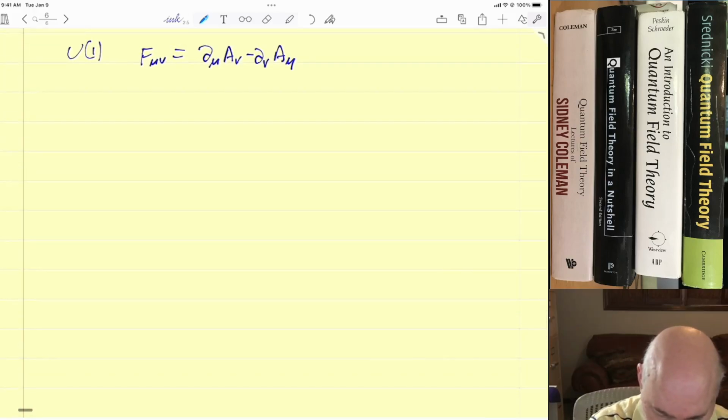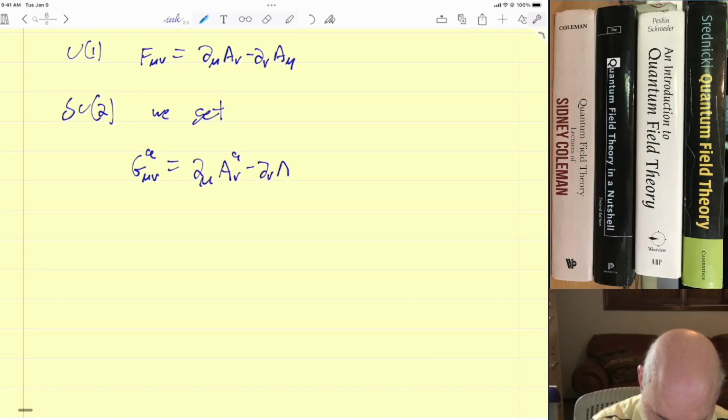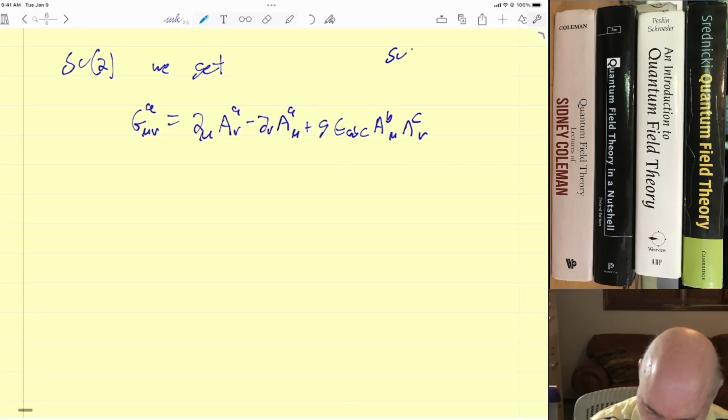And for SU2, this is the internal index, the A. Now, if we were working with SU3 or SUN, the structure coefficients of the group would be different.